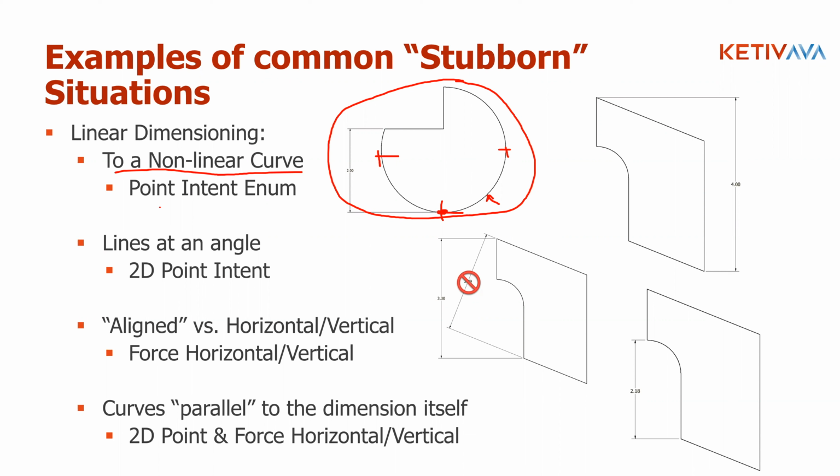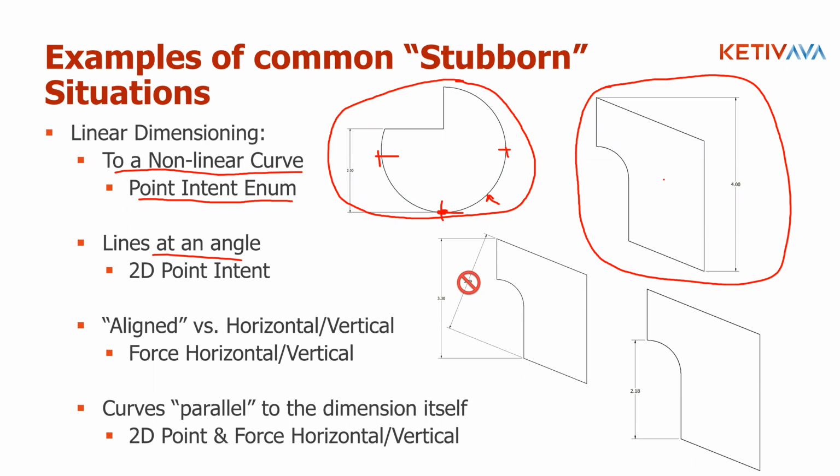That's one of them, and this will involve the point intent enumeration, or the point intent enum. Next, lines at an angle. If you need an overall dimension of something like this funny shaped wedge, one of the frustrating things, especially for newcomers to the Inventor API, is that you cannot give anything a point.